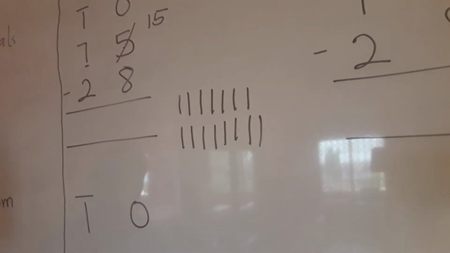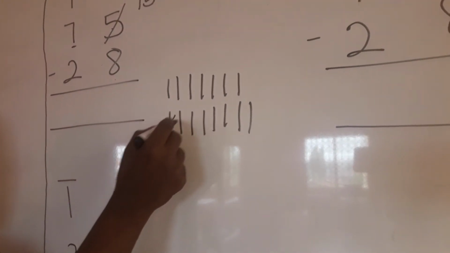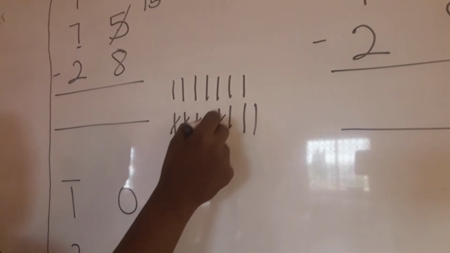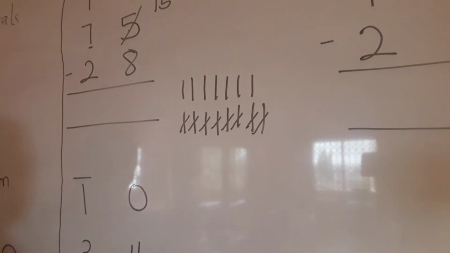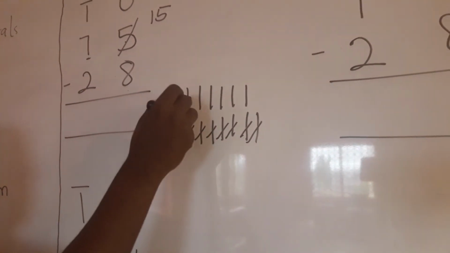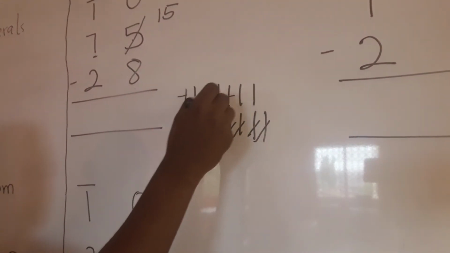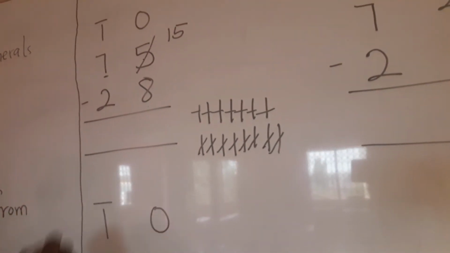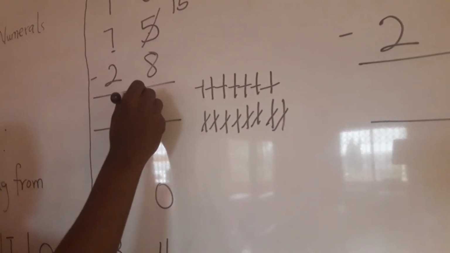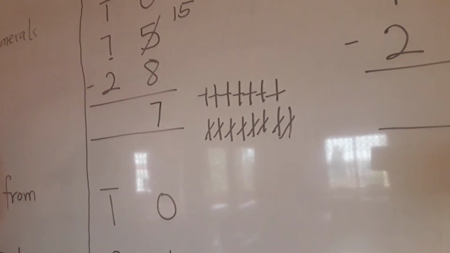Now let's take 8 out. Let's count together. 1, 2, 3, 4, 5, 6, 7, 8. How many pencils do we have left? We have 1, 2, 3, 4, 5, 6, 7. We have 7. So where do we write our 7? We write it under the 5 and the 8.